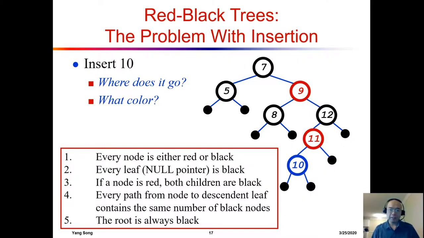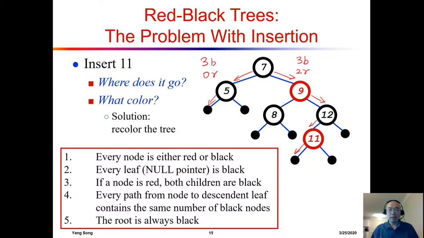It seems that it's okay, but actually it breaks the rule of property number 4, because if the 10 is black, then 7, 9, 12, 11, 10, and finally this node, we count 4 black nodes again. But remember, just now we said there can only be 3 black nodes. So you see the problem.